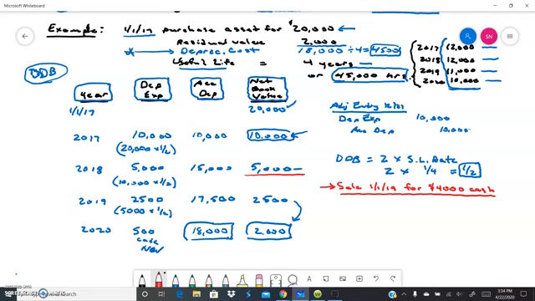So on 12/31 of 2018, we make our depreciation entry, and then we assume that on 1/1 of 2019, we sell the asset for $4,000 of cash. So we're going to go ahead and record the entry to give effect to that transaction.